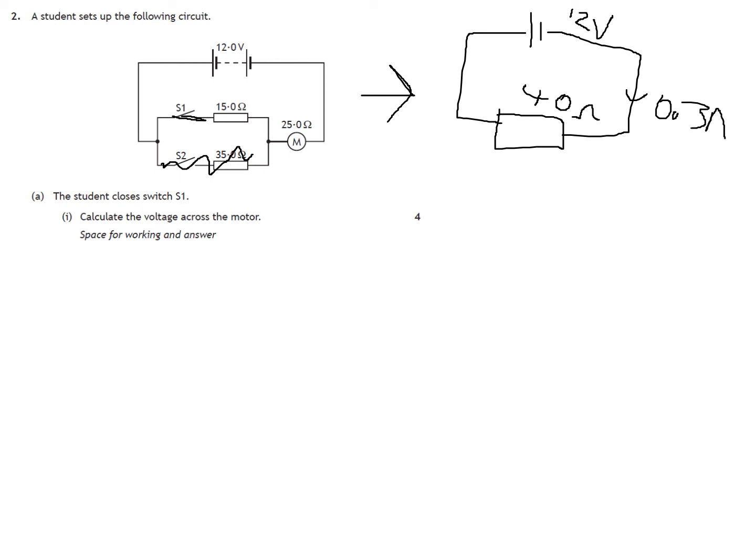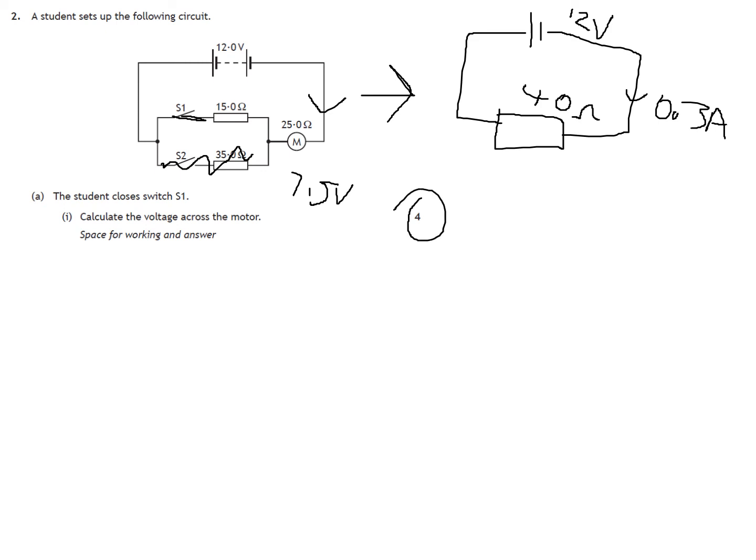Then we want the voltage across the motor, but we know there's 0.3 amps going through that circuit, because there's 0.3 amps going through this one. So therefore, voltage is V equal to IR. So it would be 0.3 times 25, which gives us 7.5 volts. And that's the answer there, and that was worth 4 marks.